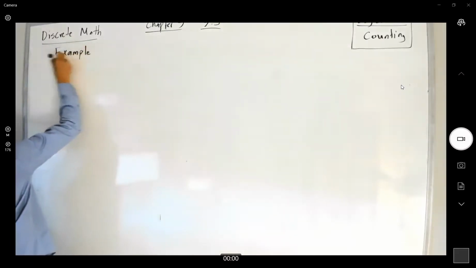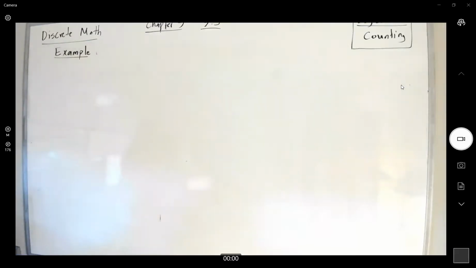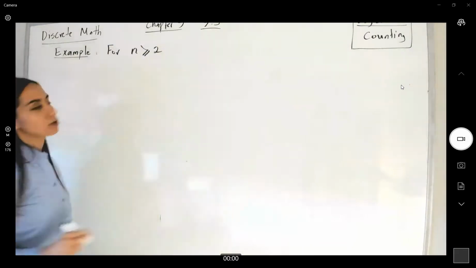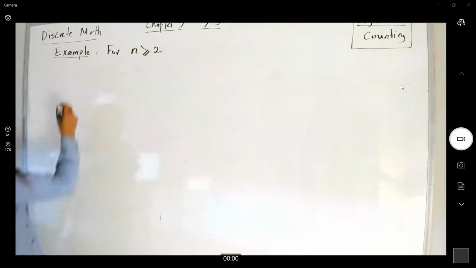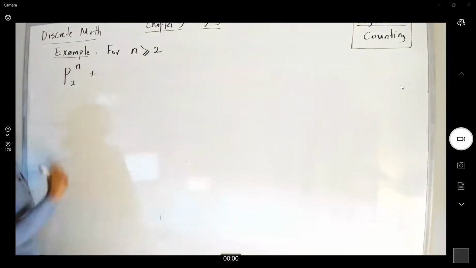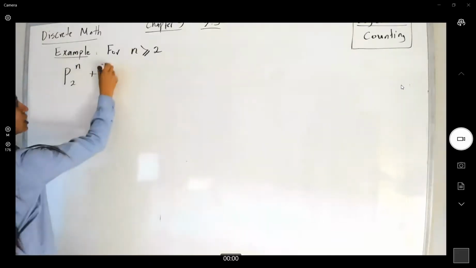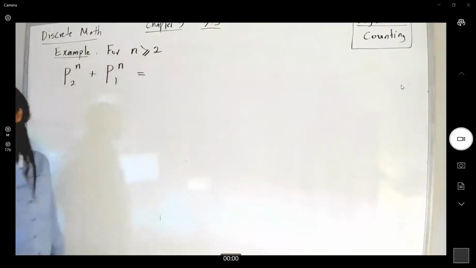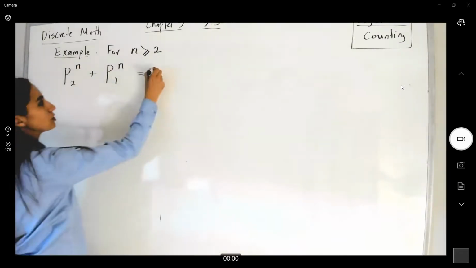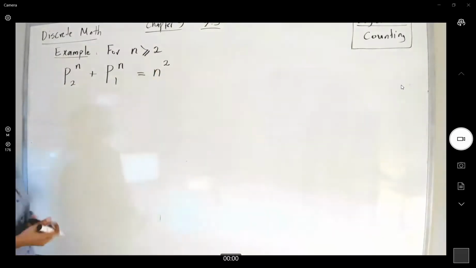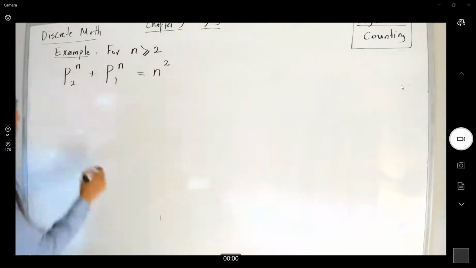The example says, well, show that for all n values greater than or equal to 2, we have the permutation of 2 objects out of n objects plus the permutation of 1 object out of n objects. If you add them together, it's equal to n squared.